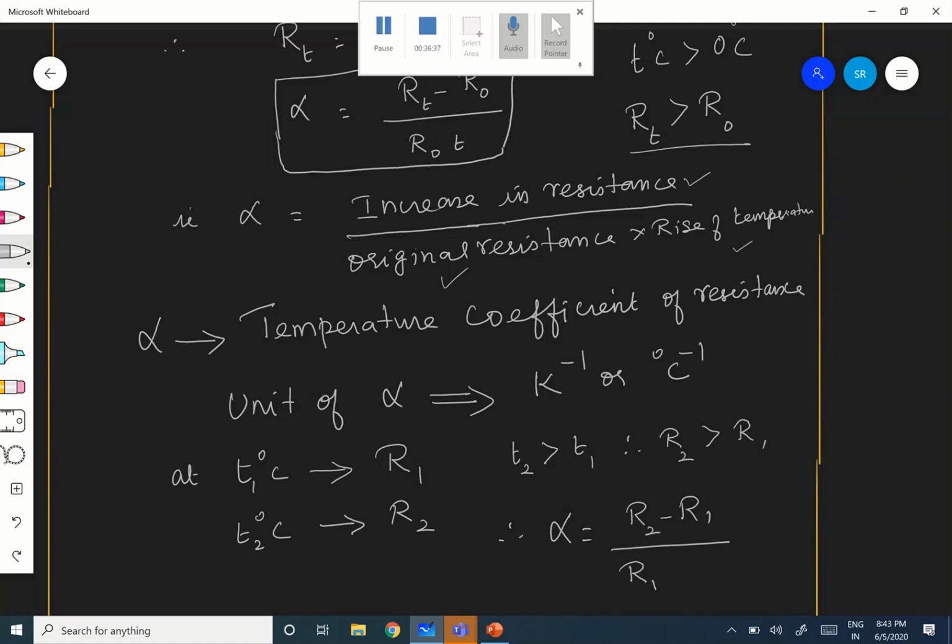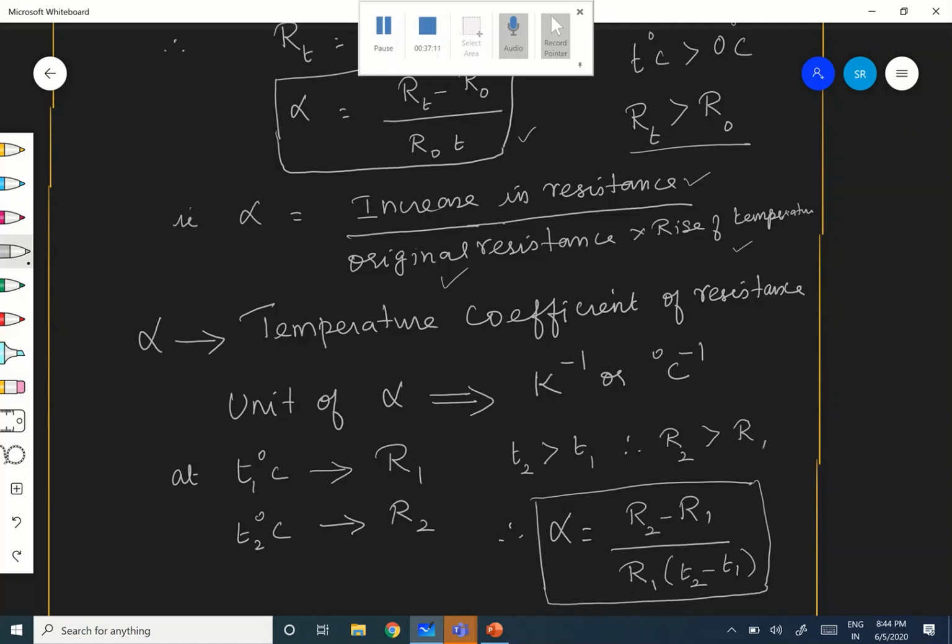The rise of temperature is T2 minus T1. Are you following? Earlier it was with respect to 0 degree Celsius; here I have taken two random temperatures. Therefore your temperature coefficient of resistance expression is alpha equal to R2 minus R1 by the original resistance R1, times the rise of temperature T2 minus T1.